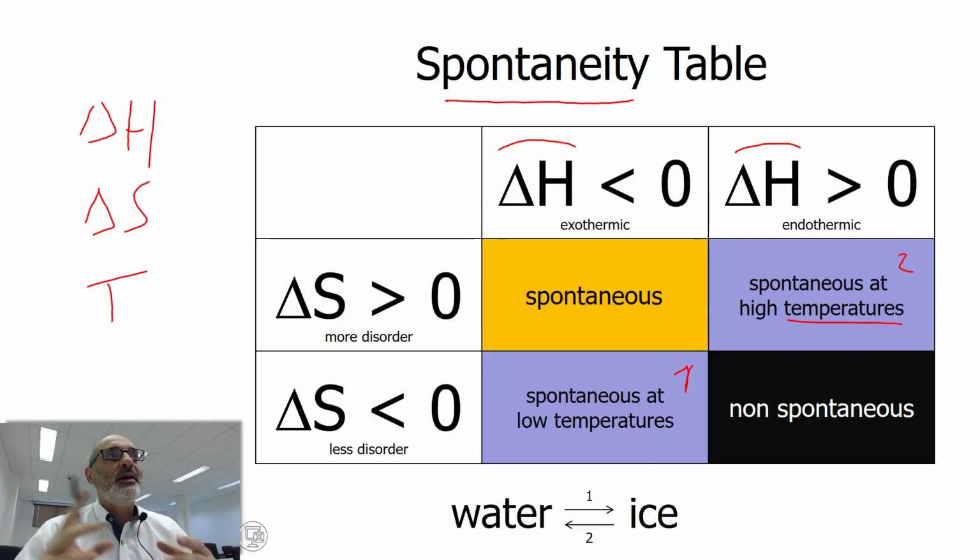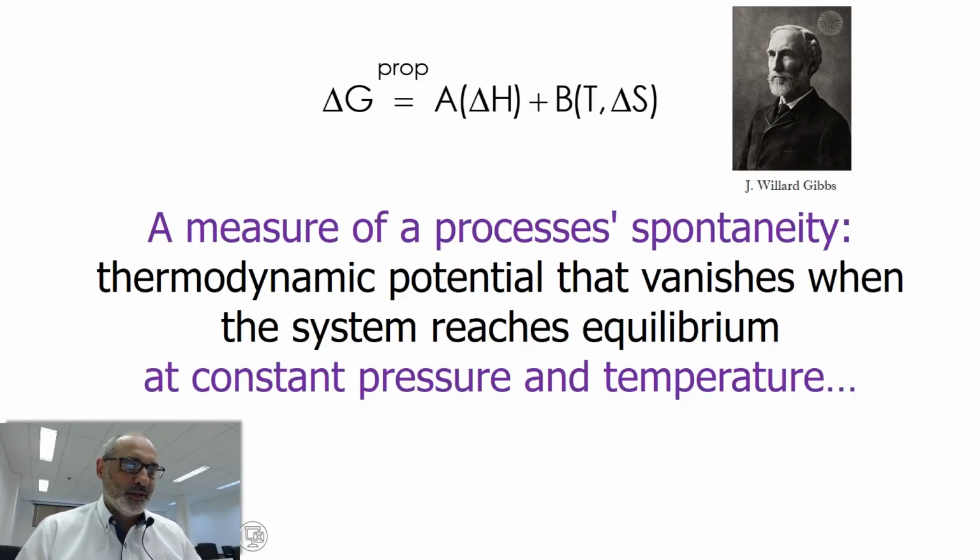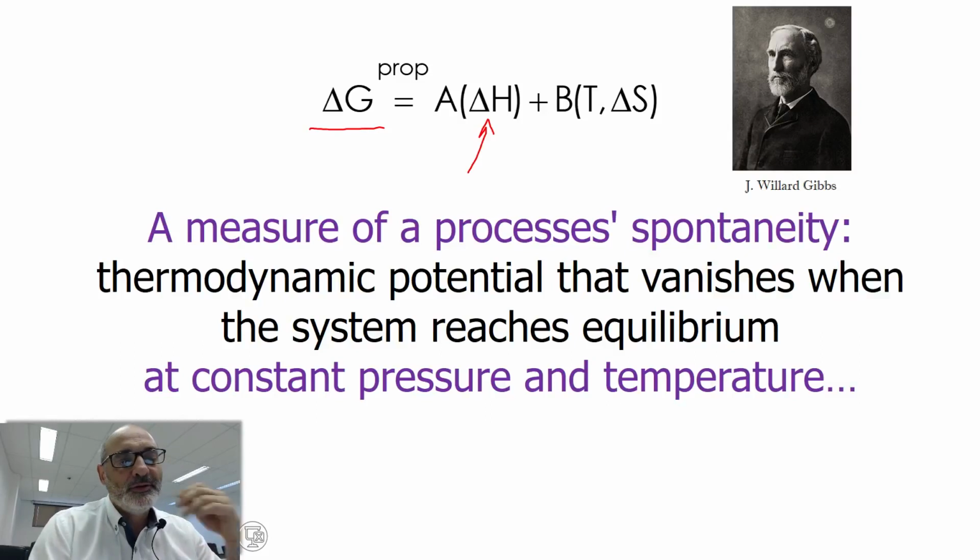So we have to mix these variables somehow to give birth to this measure of spontaneity. Who did that was Gibbs, again. He proposed that this thermodynamic potential is a function of delta H and another function of entropy and temperature.